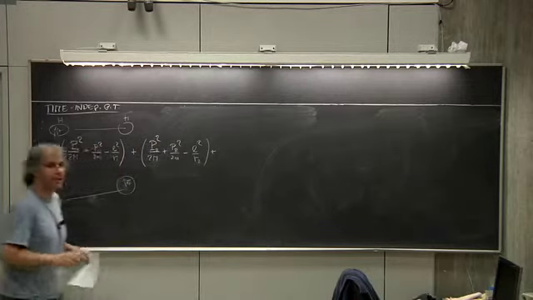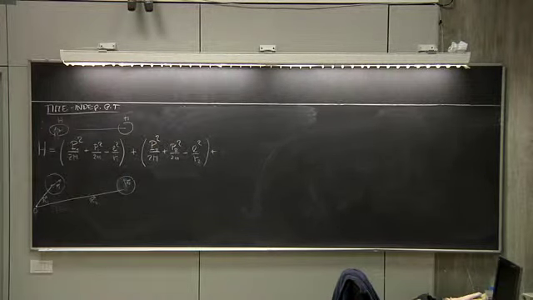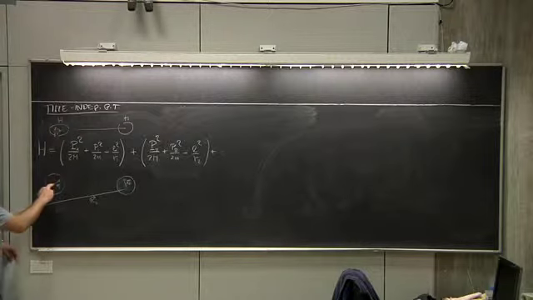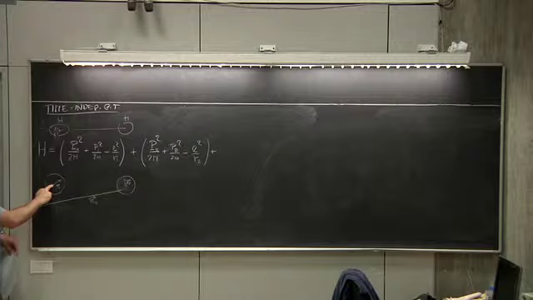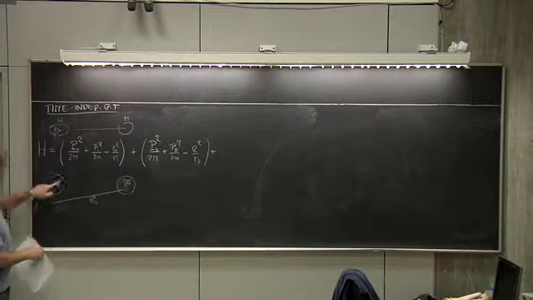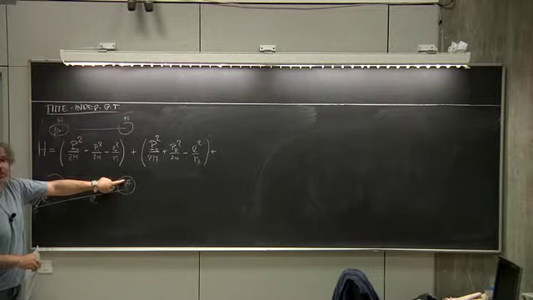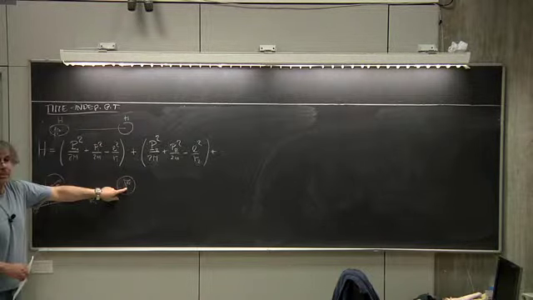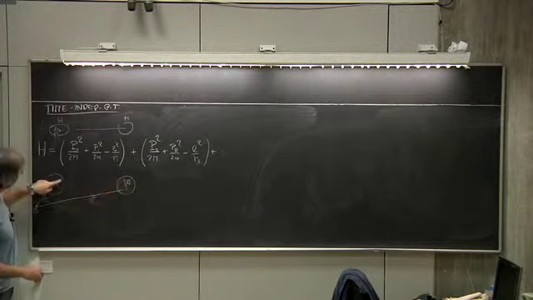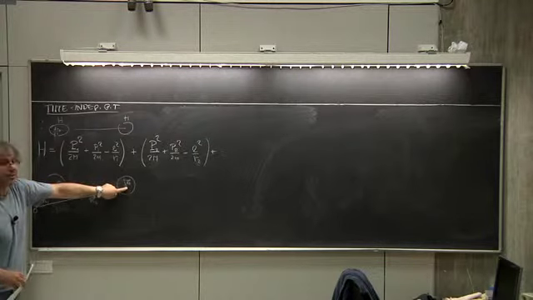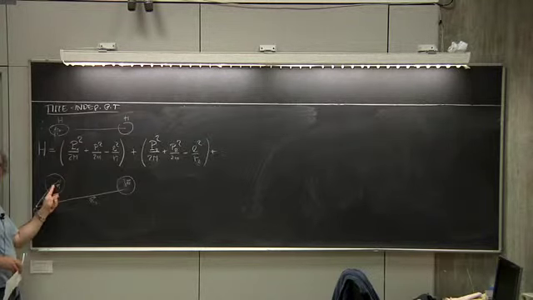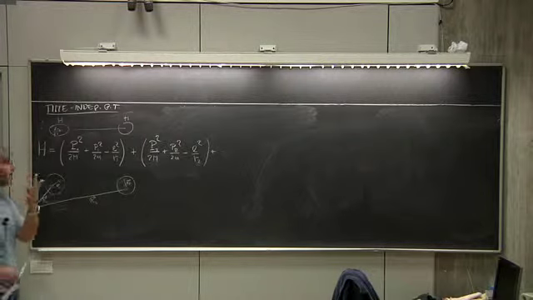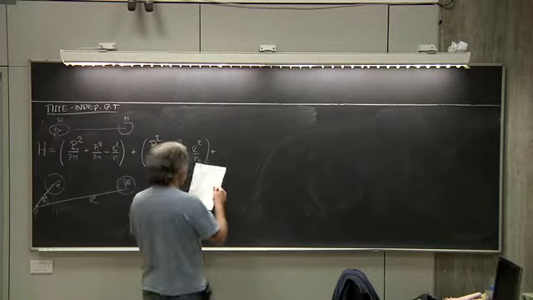Let's see how many. Well, here every electron interacts with its own nucleus, okay? But in actual fact, there is an electron that feels the other electron. There is a nucleus that feels the other nucleus. And there is even more. There is this electron that feels the other nucleus, and this electron that feels the first nucleus, okay? So there are 4 terms that are missing here, and they are all Coulomb terms.